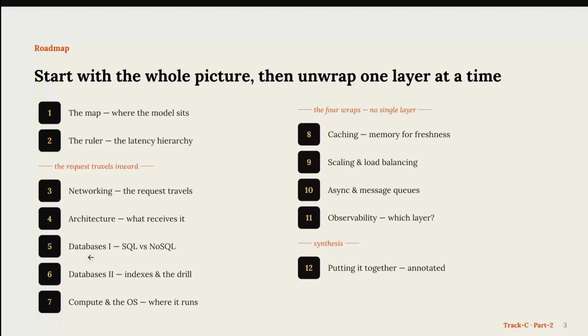Are we using a structured query database, or are we using a NoSQL or a document style or a vector style database? We also need to understand whether the data is indexed in the first place or not, and the drill that we need to follow to understand why something is failing. Finally, the compute and the operating system where all of these run. Finally, we will end with the fourth section where we are putting it all together.